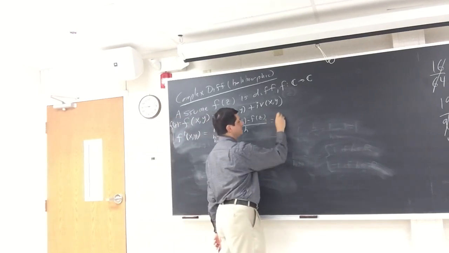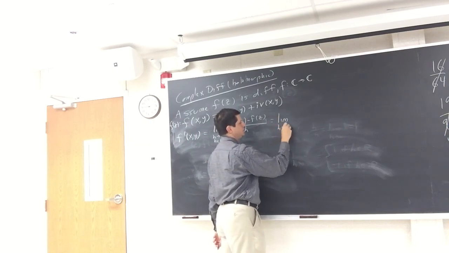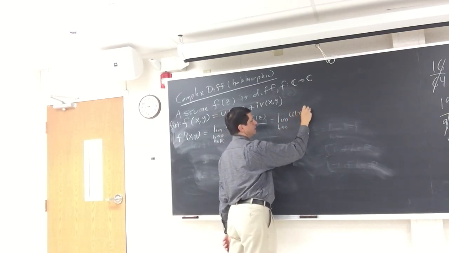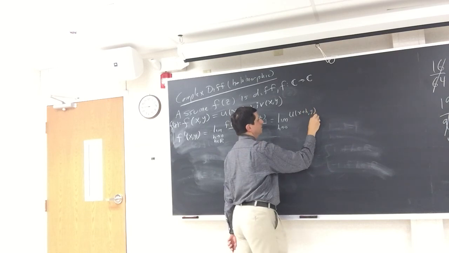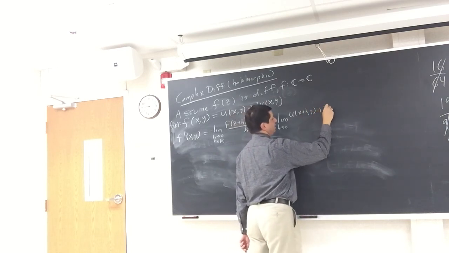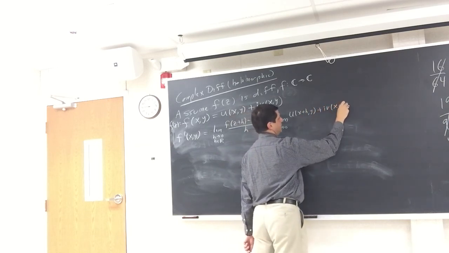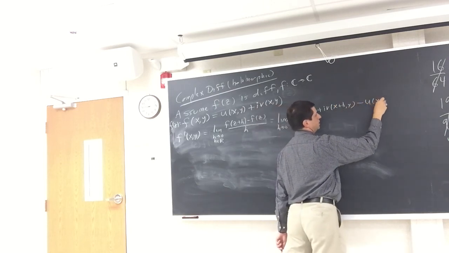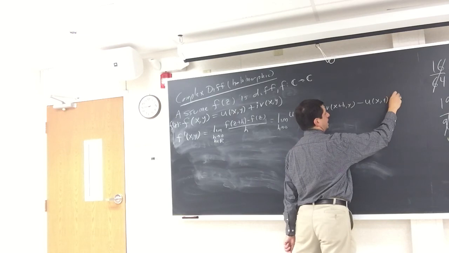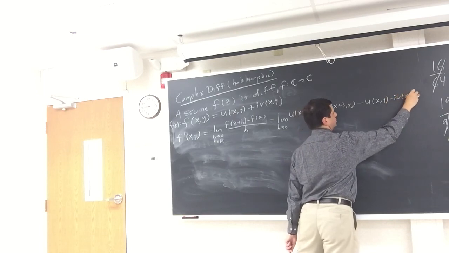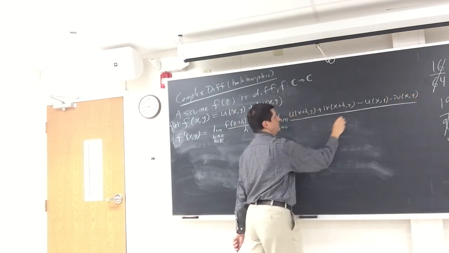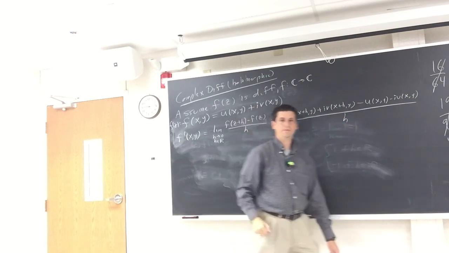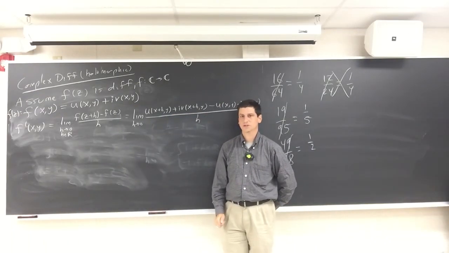So this is going to be the same as the limit as h goes to 0 of u of x plus h, y plus i v of x plus h, y minus u of x,y minus i v of x,y all over h.